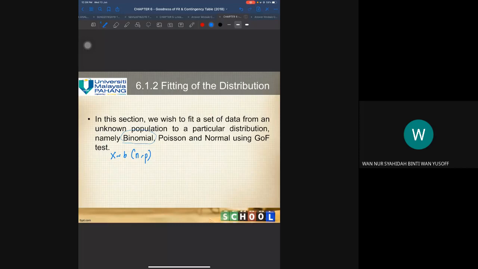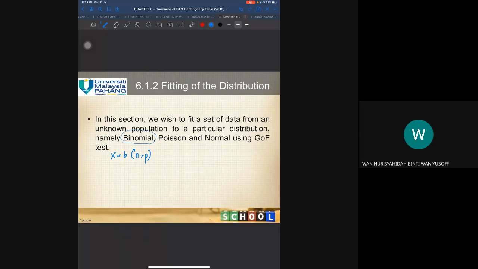The number of parameters is important here when we find the critical value, because for the critical value, you need to know the number of your parameters. So it is n and p. N is not the sample size here. It is the number of trials for the binomial, and p is the probability of success.